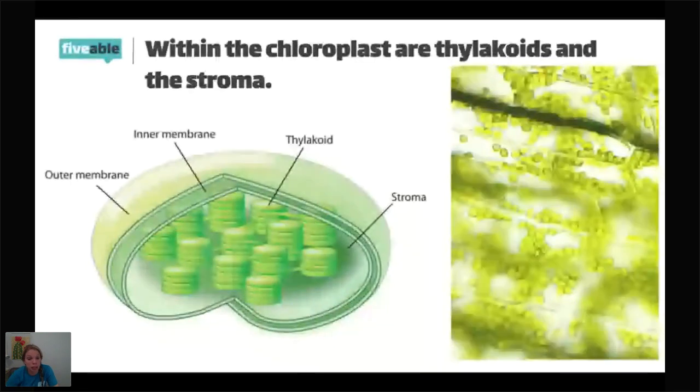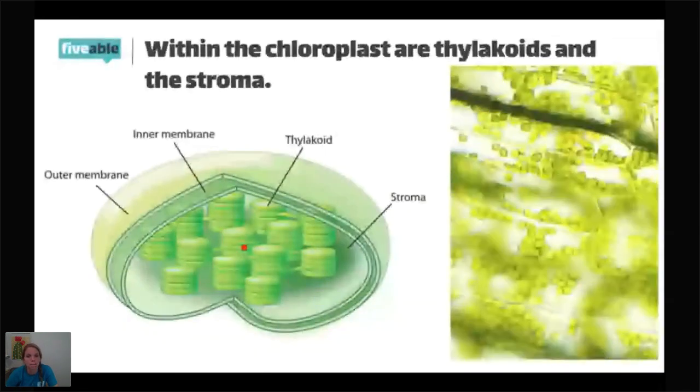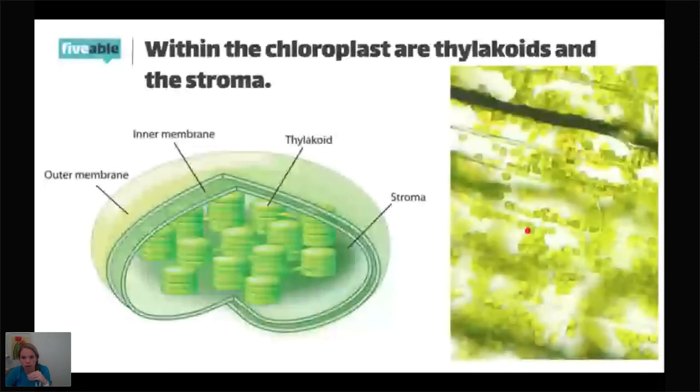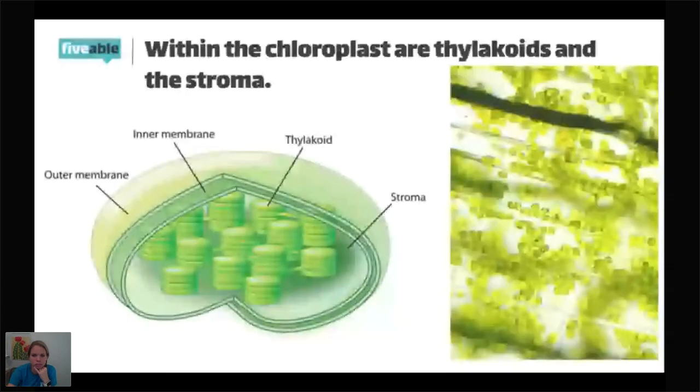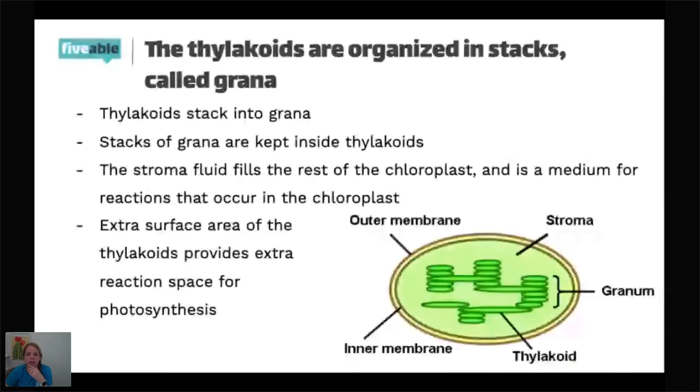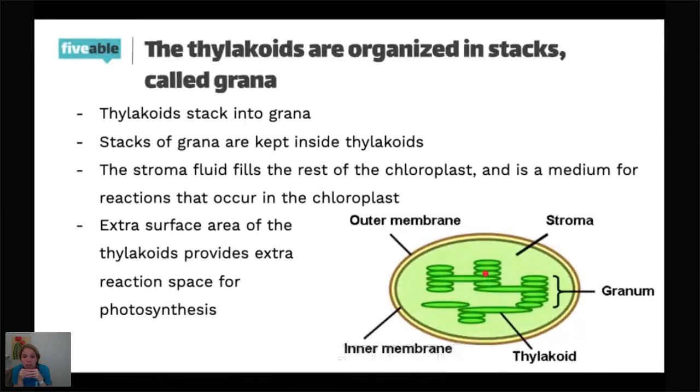But then inside the chloroplast, you've got your thylakoids, your grana. But we can't see that teeny tiny. We can't see the individual thylakoid in there. Okay. And so these are going to be the ones that are actually doing the photosynthesis deep inside the chloroplast.